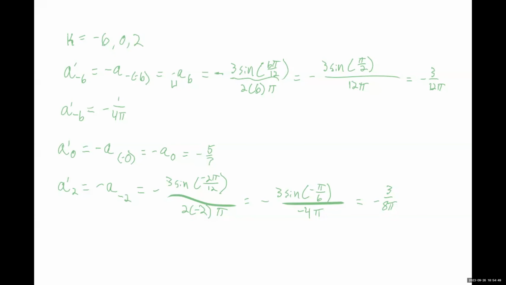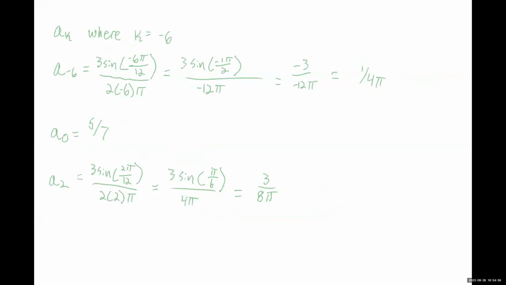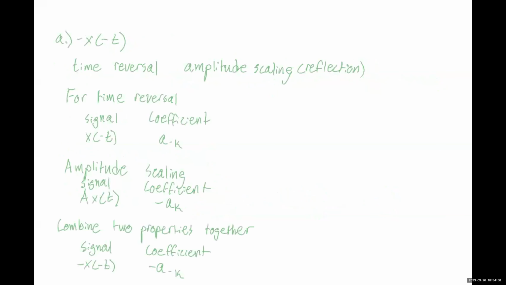Okay. So just as a quick recap, that is the original. The first step we did for this is we identified the two transforms happening to our signal in this problem, which in this case are time reversal and amplitude scaling.